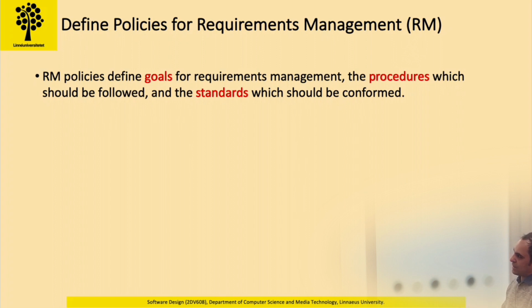So our situation here is requirements management, and what or how we want to manage requirements. That's the policy. So requirements management policies define goals for requirements management, the procedures, so how it will be done, and also the standards. And again, these standards might differ across organizations.